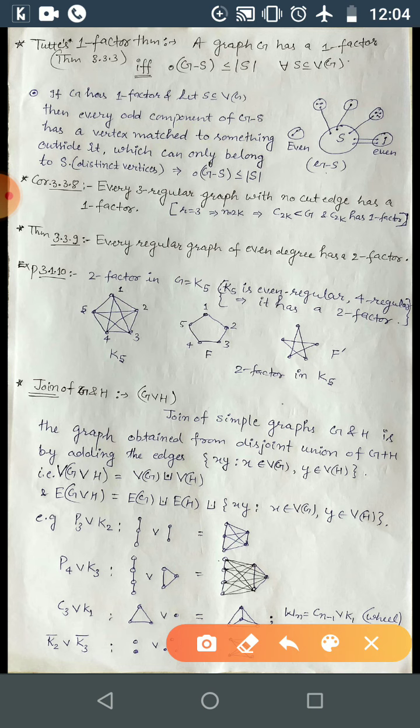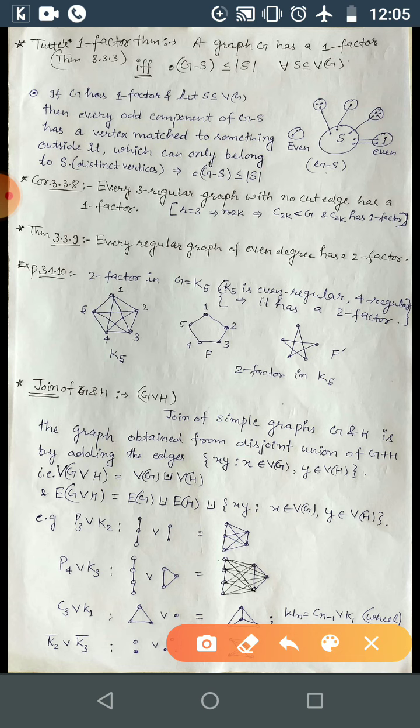And also if this is disconnected, then no odd cycle will be there. All components will have even cycles, and in every component there will be an even spanning cycle. Because if an odd cycle is there, then again there would be an odd number of odd vertices, which is not possible.